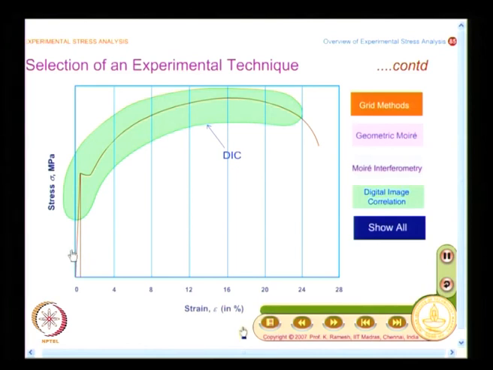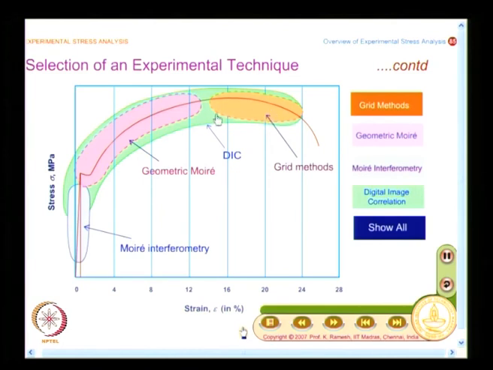Their claim is now about 50 microstrain, and it is only a question of time before they improve the technique further. Now you have a relative appreciation of various techniques. I have grid methods, digital image correlation, geometric moire, and Moire interferometry. So, this gives you a reasonable appreciation of how to decide the techniques based on the strain range.